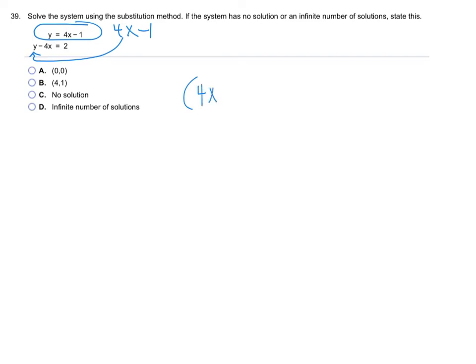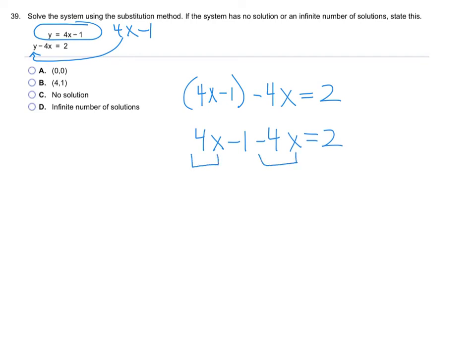So here we have 4x minus 1 minus 4x equals 2. If I take this out of the parentheses, I get 4x minus 1 minus 4x equals 2, and I combine like terms. I have a positive 4x and a negative 4x.